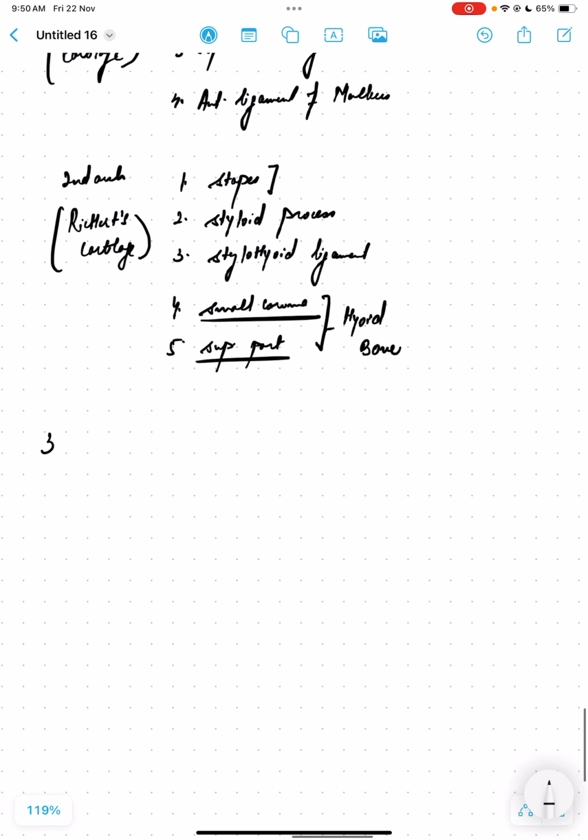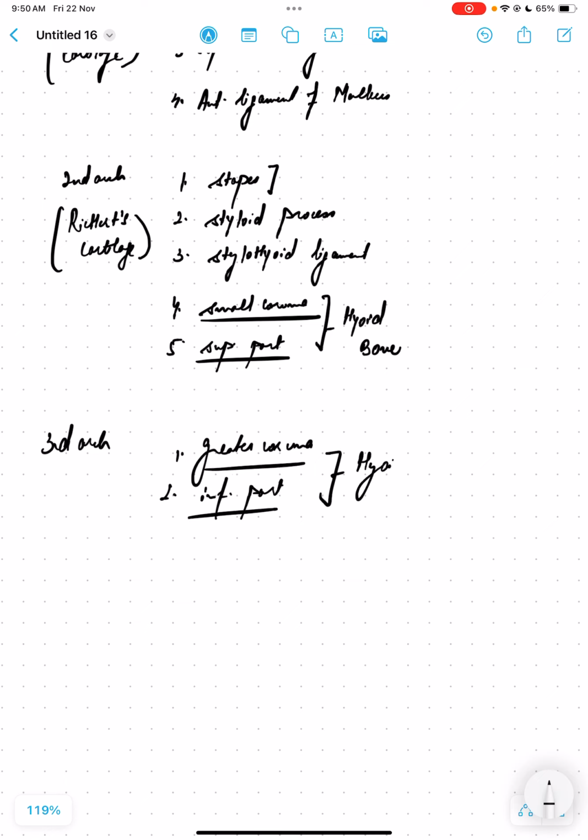So from the third arch we get the greater cornu and inferior part of the hyoid bone.